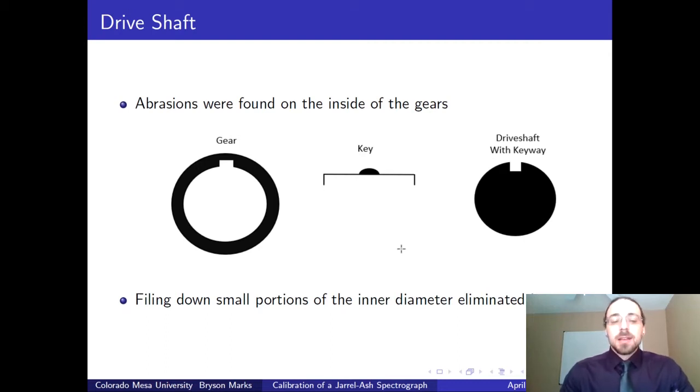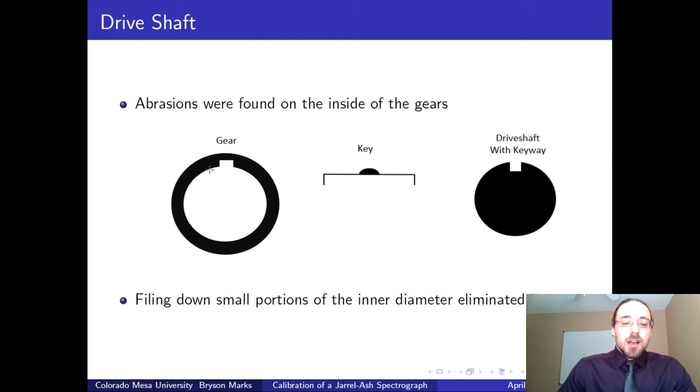What I think happened is somebody was running this machine while the motor was on and tried to change the speed without turning off the motor or cutting the power to the motor completely. This introduced the option to have material removed from the insides of this gear at the keyway portion of the gear.